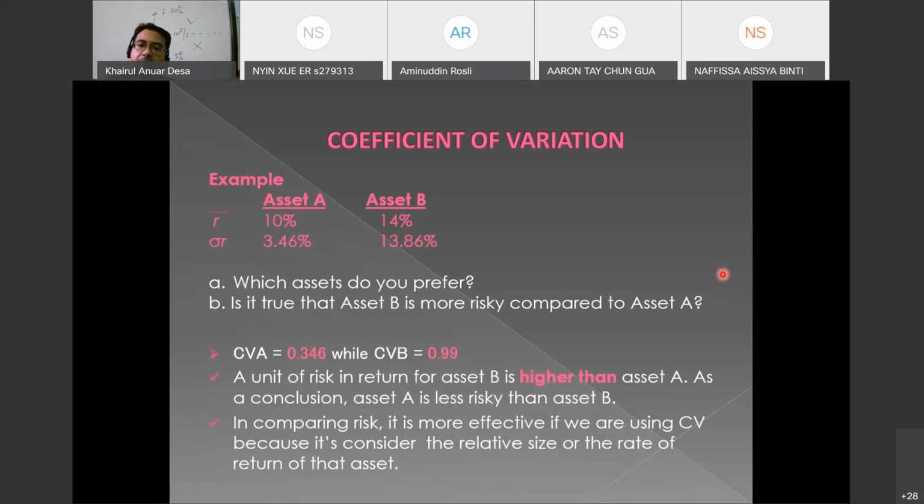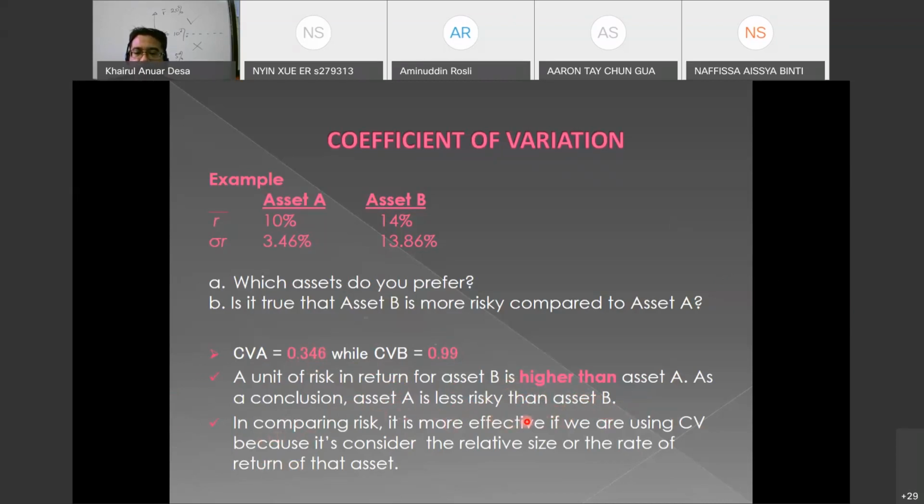So what is the conclusion? A unit of risk in return for asset B is higher than asset A. 0.99 is higher than 0.346. As a conclusion, asset A is less risky than asset B. In other words, asset B is higher risk compared to asset A.